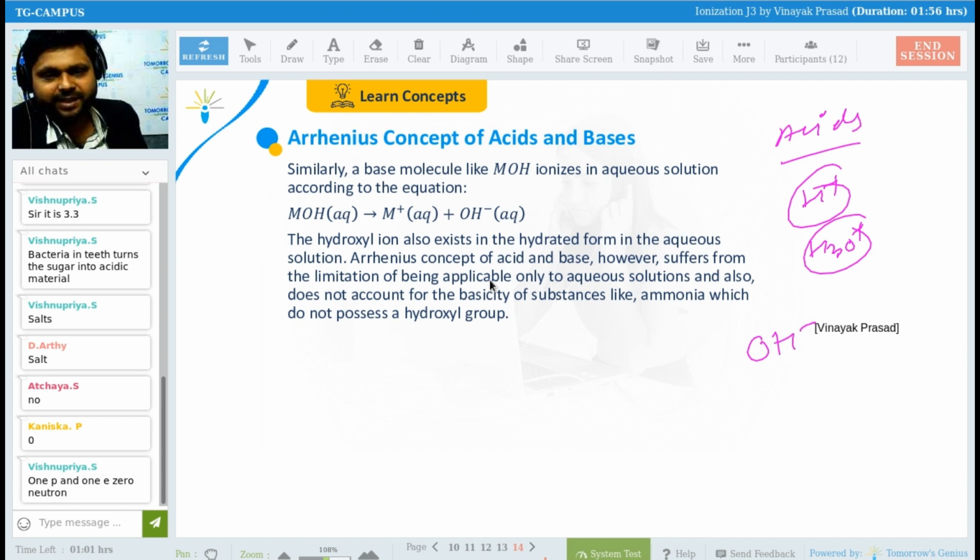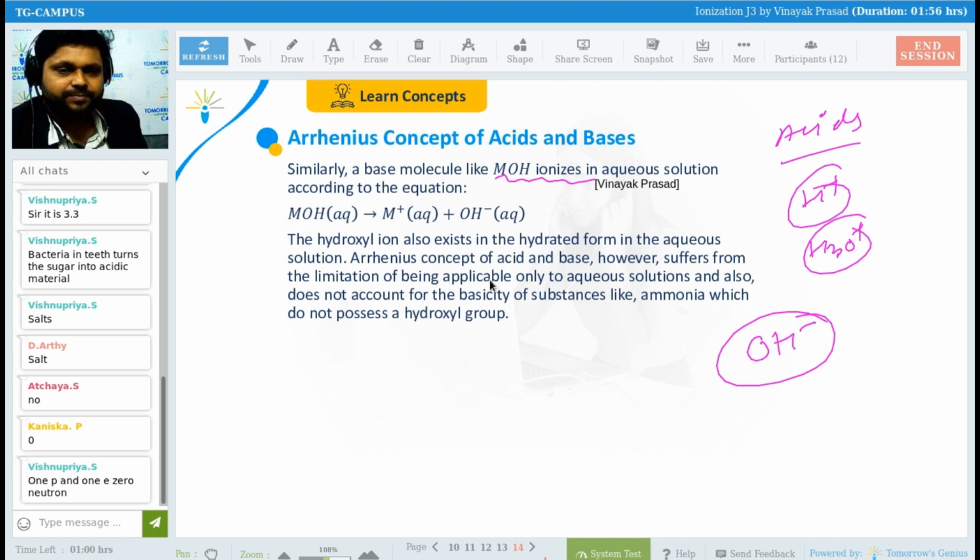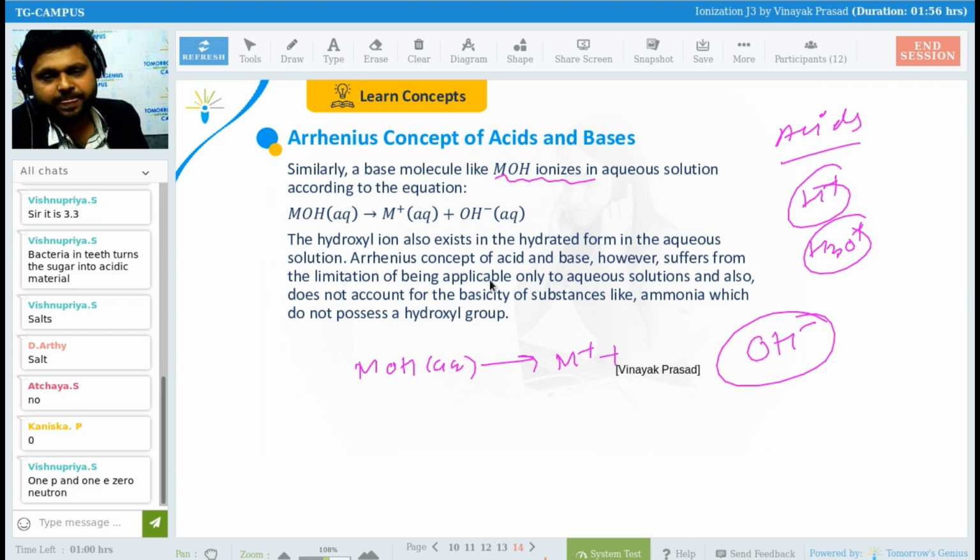If it is giving OH minus ion, then it is a base. If it is not giving OH minus ion, then it is not a base. Is it okay, guys? Let's suppose we have a molecule MOH. This is a metal and OH. In aqueous solution, what will it give? M plus and OH minus ion.